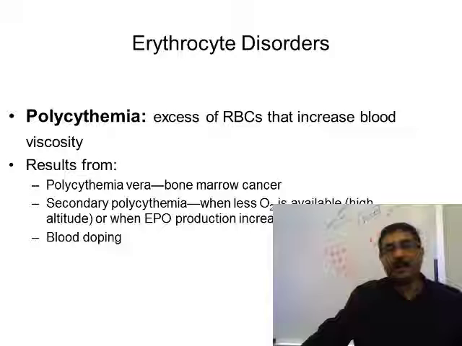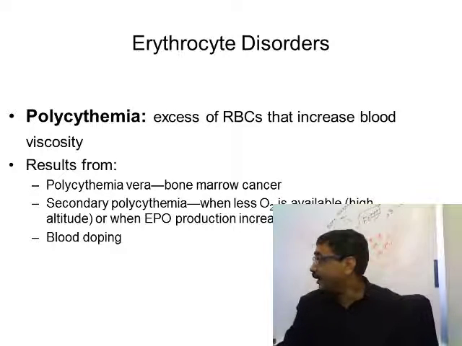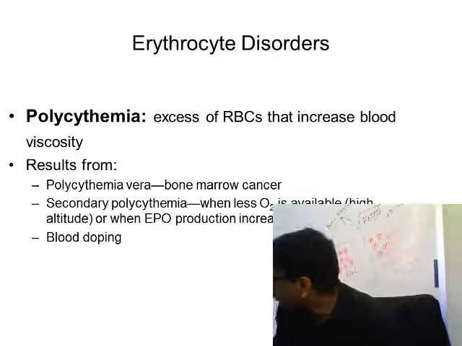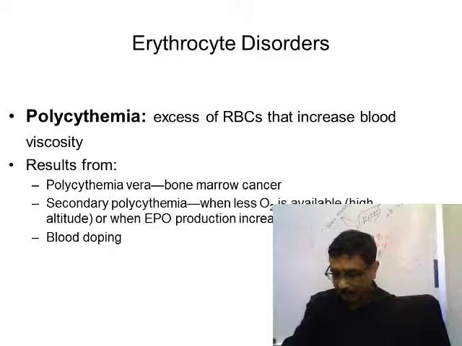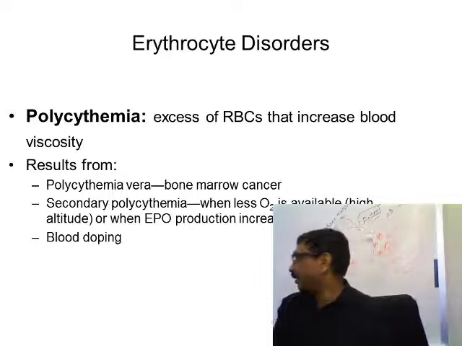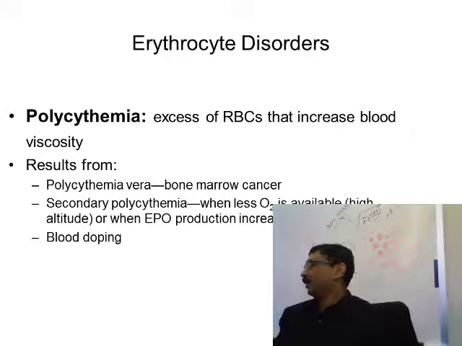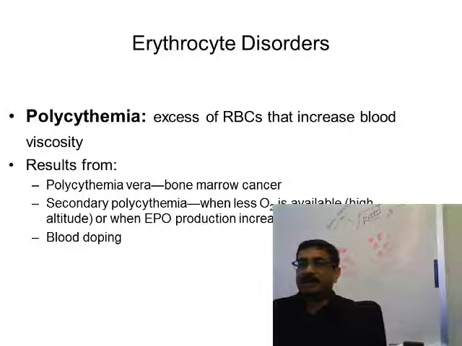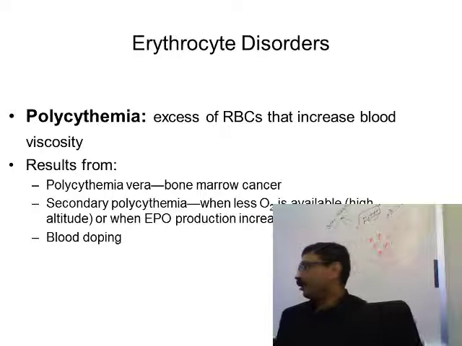Now, another red blood cell disorder is polycythemia. Polycythemia is the abnormal increase of the red blood cells in circulation. So if in your blood the number of red blood cells is abnormally high, that is called polycythemia.